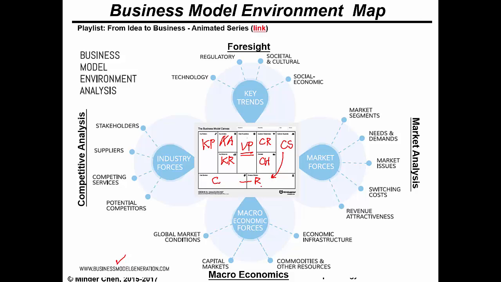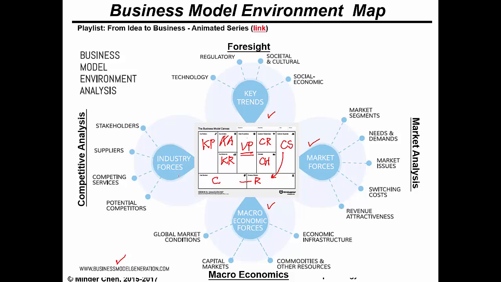But beyond this business model, if we look at some of the external factors that help shape this business model canvas, there are the following four major driving forces. One is the key trends. Second is the market forces. Third, the macroeconomic forces.